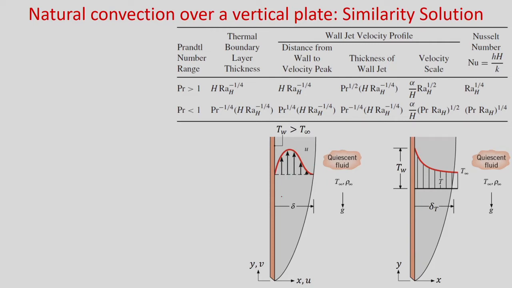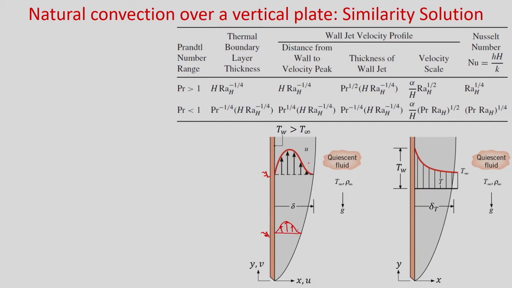At different locations you will get this type of profile, let us say at y 1 and this is y 2. And if you scale down this velocity profile with a proper scale, then you can bring it down to this profile.